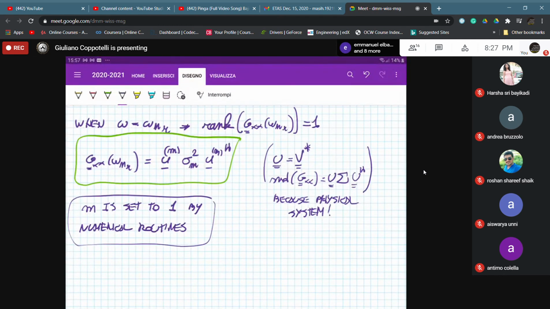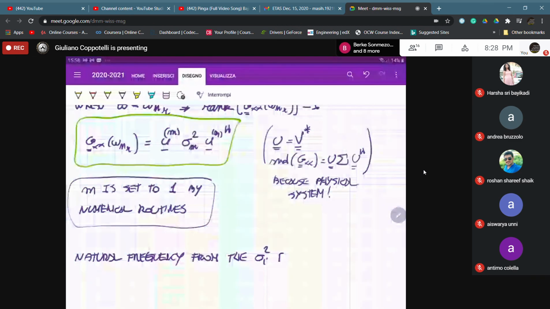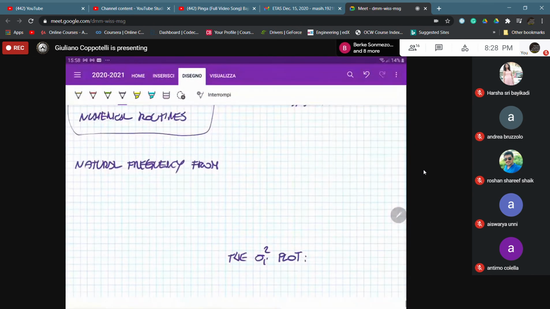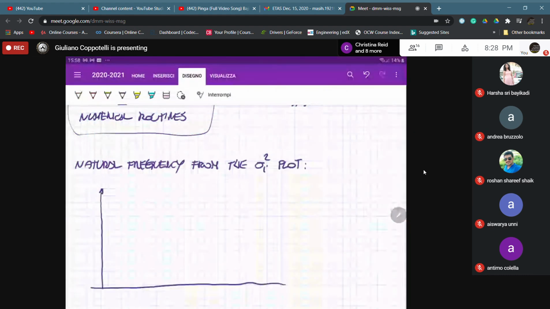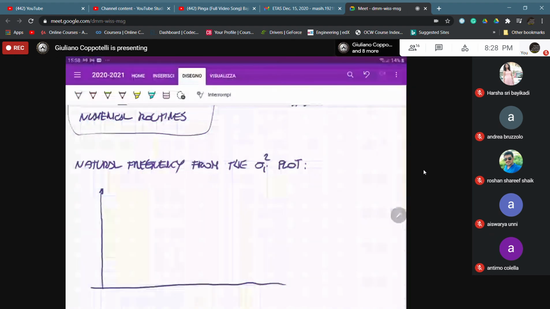So natural frequency from the singular value plot, and this plot is of the shape: we have a y-axis in which we are putting all the sigma i's, and in the x-axis your frequency.